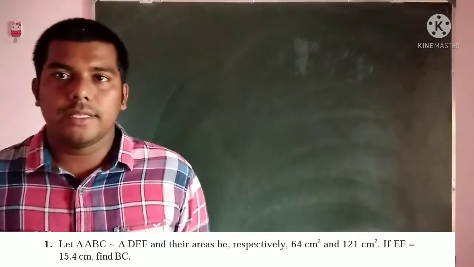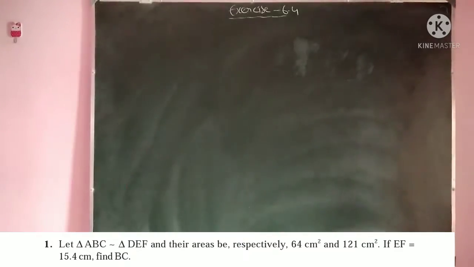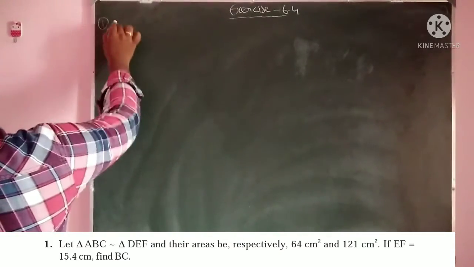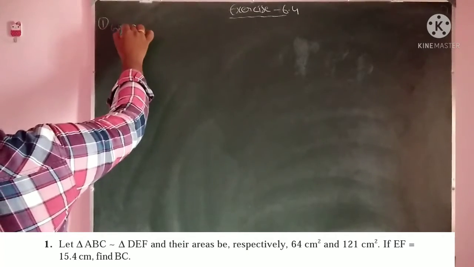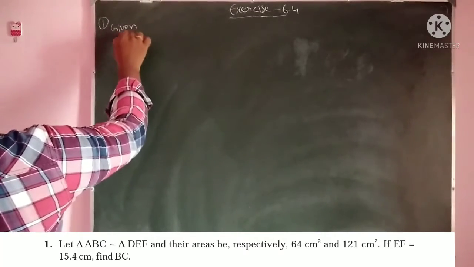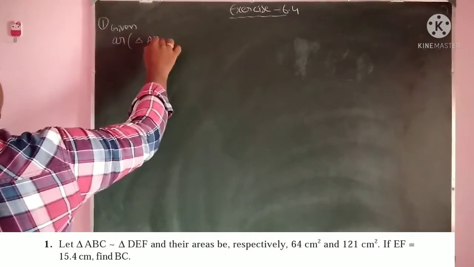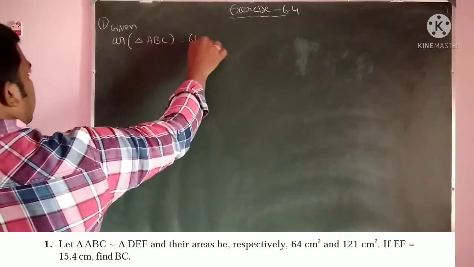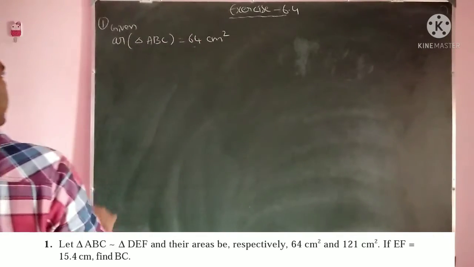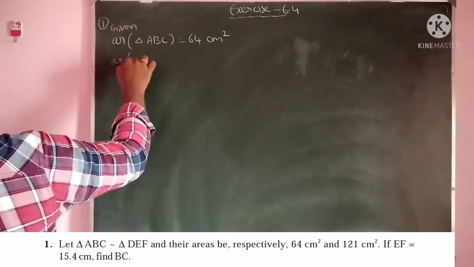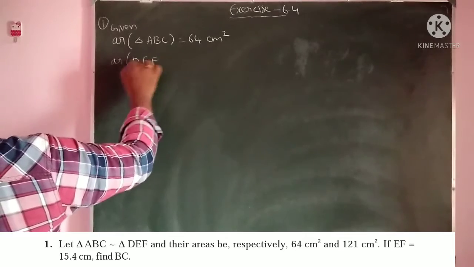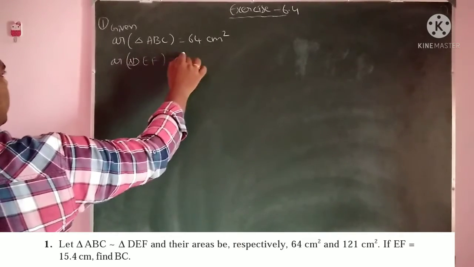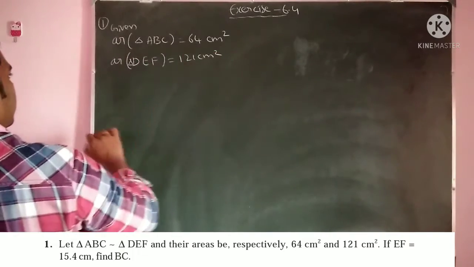So, first question, given: area of triangle ABC is equal to 64 centimeters square and area of triangle DEF is 121 centimeters square.